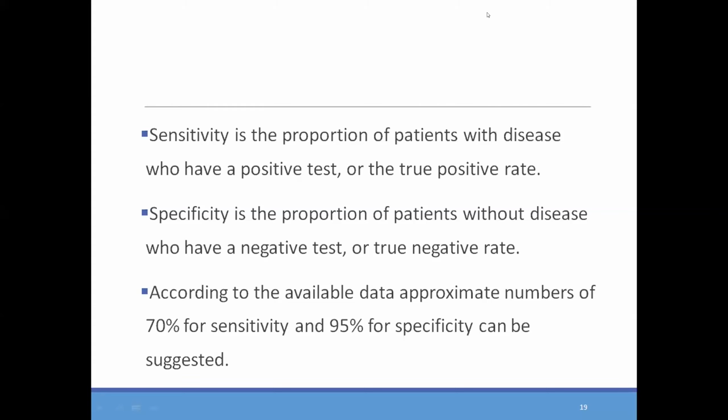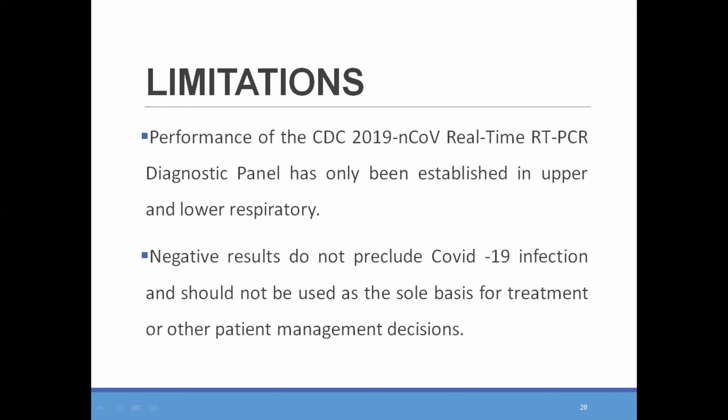So, if you see the limitations, the problem is that this diagnostic panel has only been established in the upper and lower respiratory tract. The other thing is negative results do not preclude COVID-19 infection and should not be used as the sole basis for treatment.